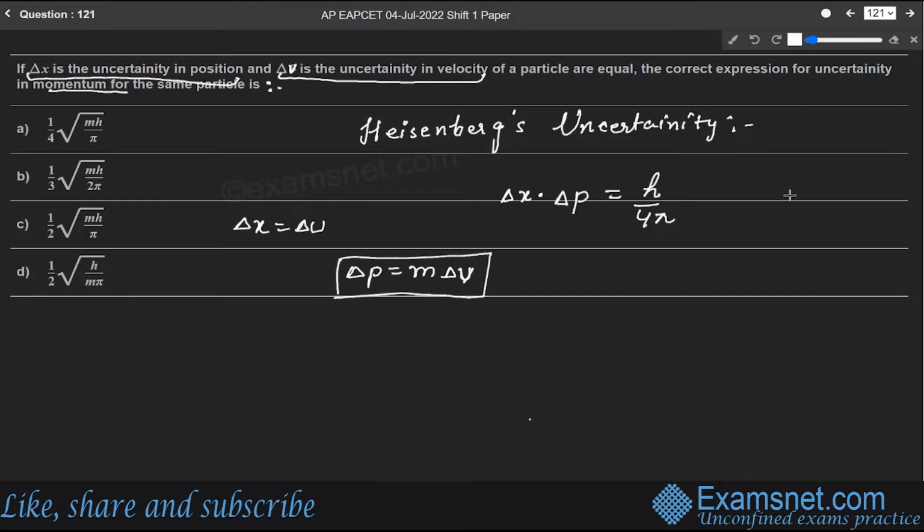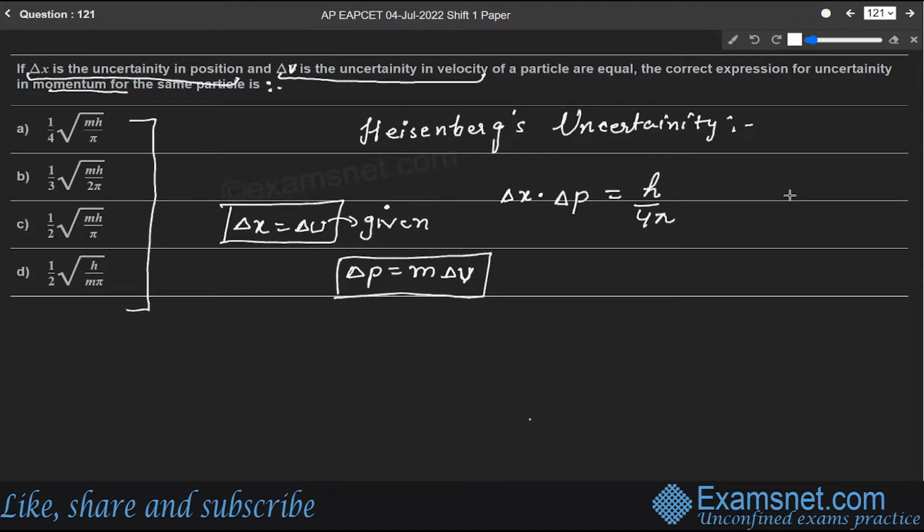So when you figure out this formula, you can now easily replace things with that. Delta x equals delta v, already given. The correct approach for these kinds of questions is to first write what is given and what is asked, right? So this is given and they are asking us for the relation among these four options.